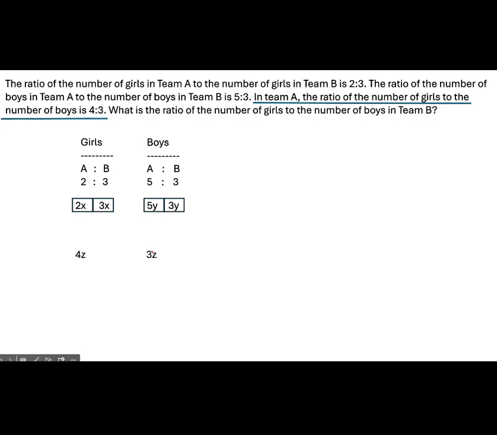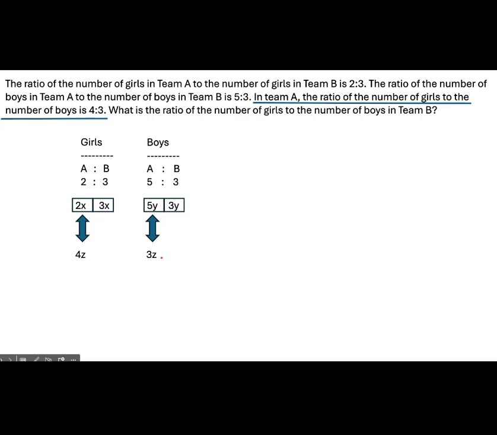We also know that 3x and 4z both represent the total number of girls in team A, which means 3x is equal to 4z, and 5y is equal to 3z here.